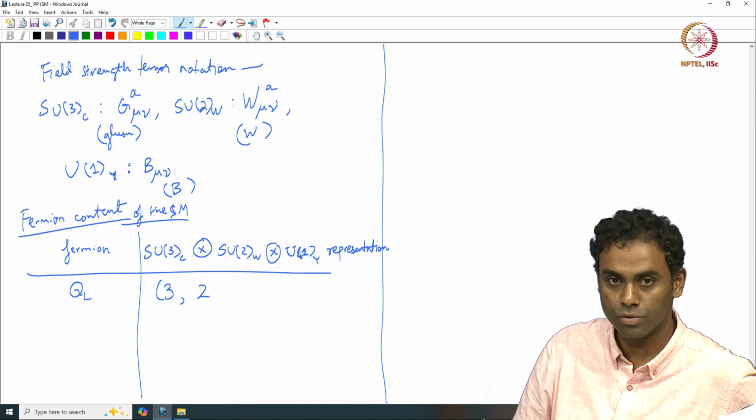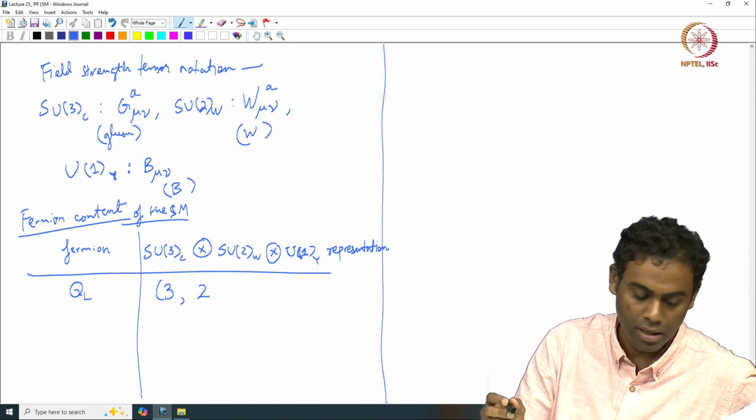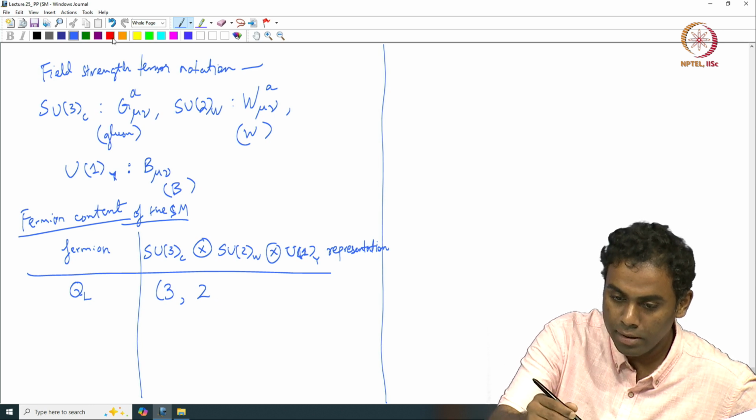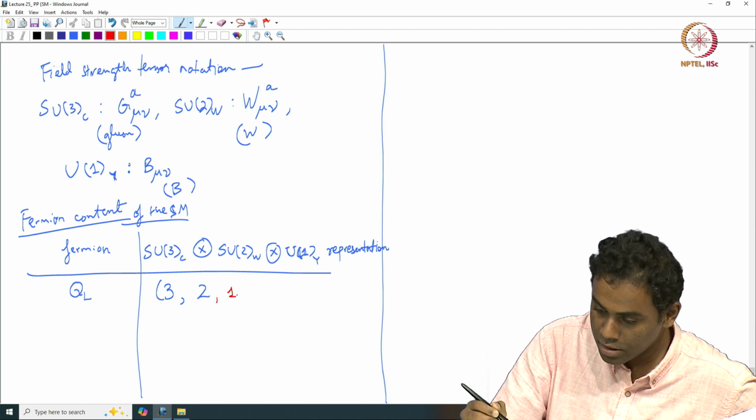So it's a doublet under SU(2). It's a triplet under SU(3) and a doublet under SU(2). That's what we mean by this notation. Hence this. And finally, the last one I should have written in a different color.